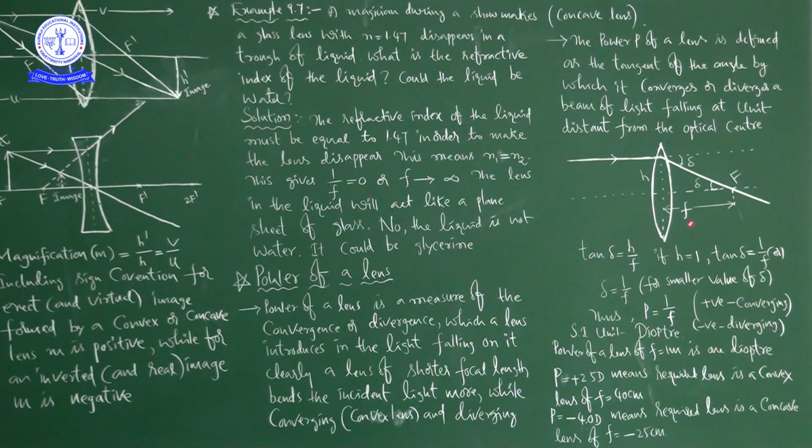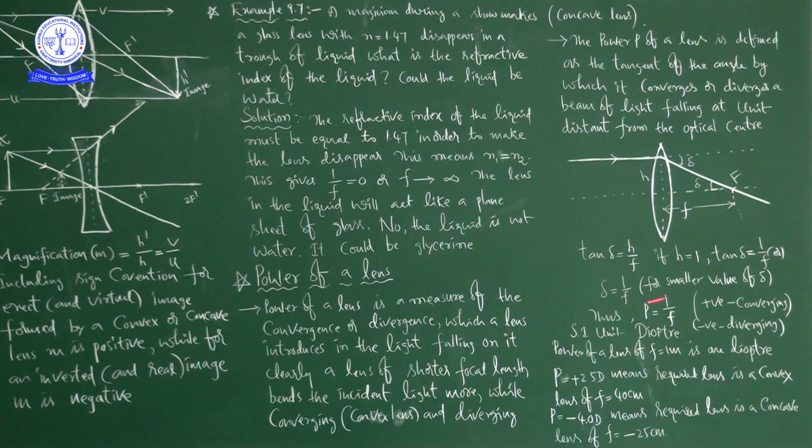Okay. So now tan theta is equal to opposite side by adjacent side. So tan delta is equal to h by f. If h is equal to 1, tan delta is equal to 1 by f. Think mathematically, if h is equal to 1, tan delta is equal to 1 by f.